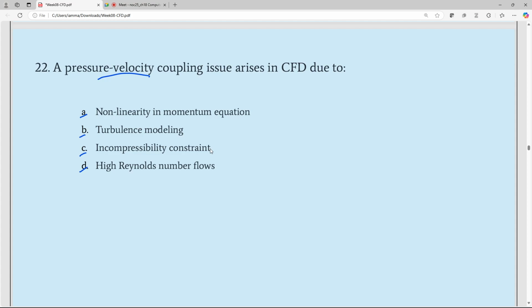So from where does the pressure velocity coupling issue arise in CFD? Options are nonlinearity in momentum equation, option B, turbulence modeling, option C, incompressibility constraint, option D, high Reynolds number flows.